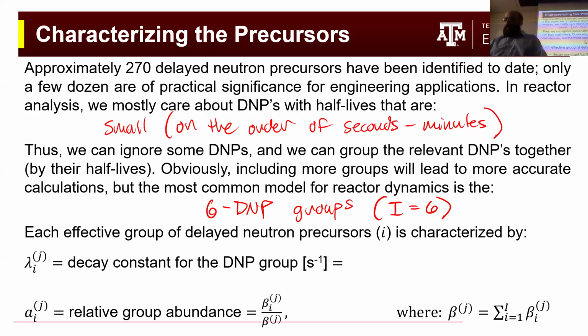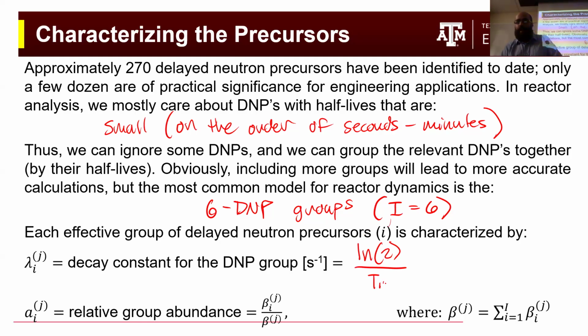Each group of delayed neutron precursors has its own group decay constant and its own relative abundance. And the decay constant, do y'all remember how the decay constant relates to the half-life? That formula we derived on homework 1? Yes, it's ln of 2 over the half-life.